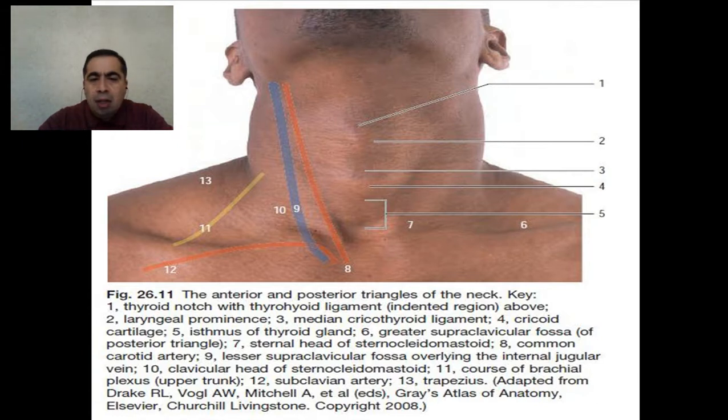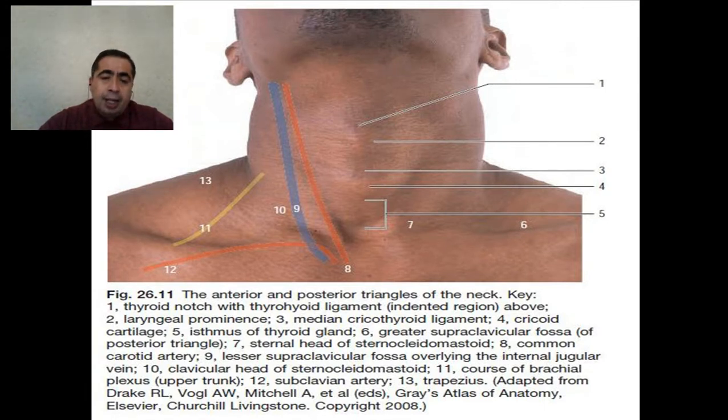But in persons who more or less develop fatty tissue, this fossa is invisible, and especially it is closed. It is projected onto this fossa, the internal jugular vein, the main venous collector of the head and the neck.